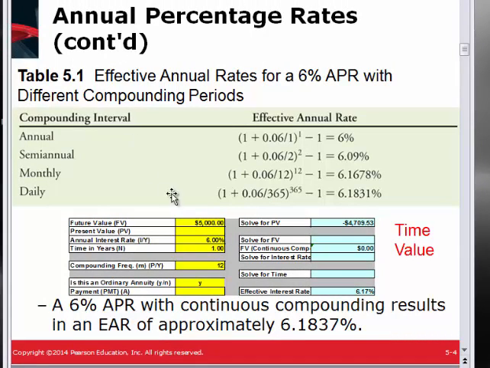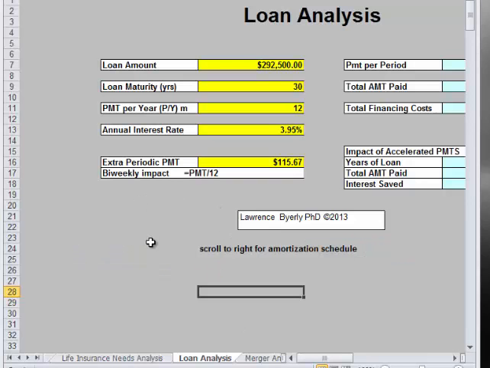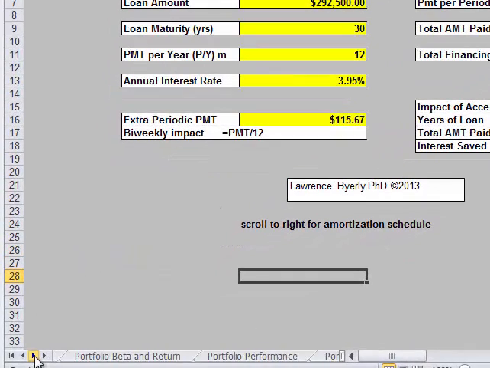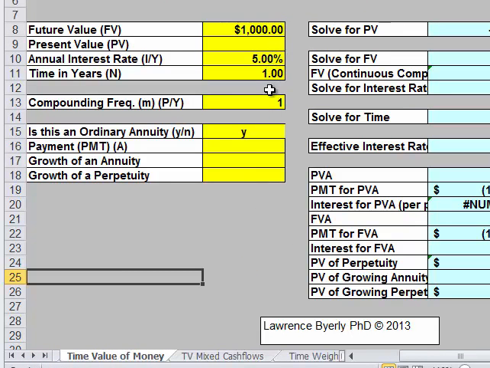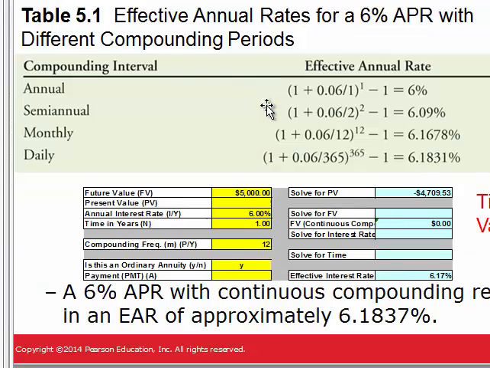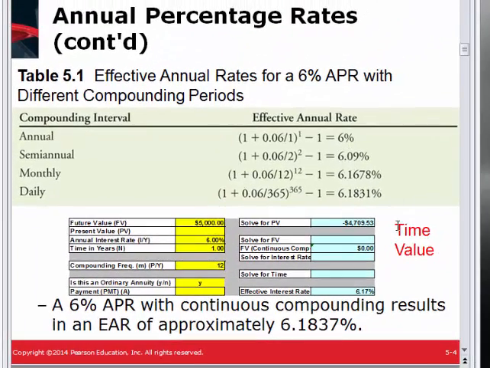So here's an example. We have a 6% interest rate, and we can go down through here. If we could open the time value spreadsheet to see how this ultimately works. It really just works with changing the compounding frequency. We have 6% on that other slide, and certainly you can see how it's different as you add the different compounding frequencies.